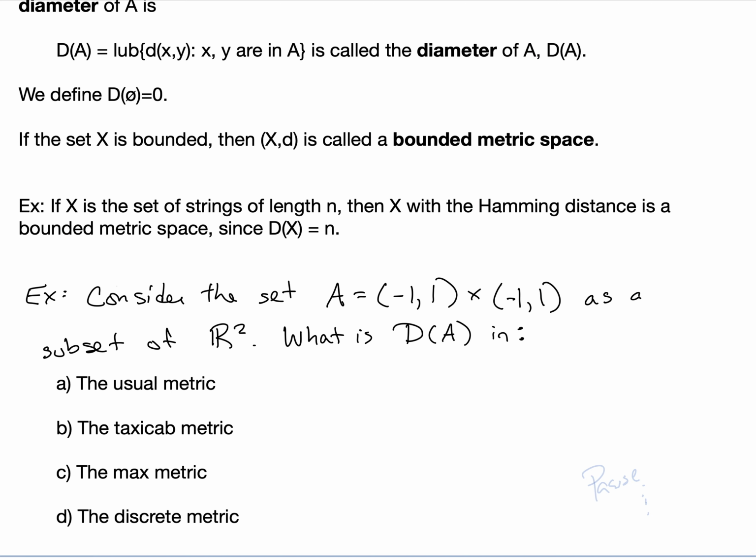Consider the set A being the open interval (-1, +1), crossed with the open interval from -1 to +1, as a subset of the real numbers squared. Then what is the diameter of A in these other metrics we've been talking about? The usual metric, the taxicab metric, the max metric, and the discrete metric. So pause, try those out, and we will talk about them in a moment.